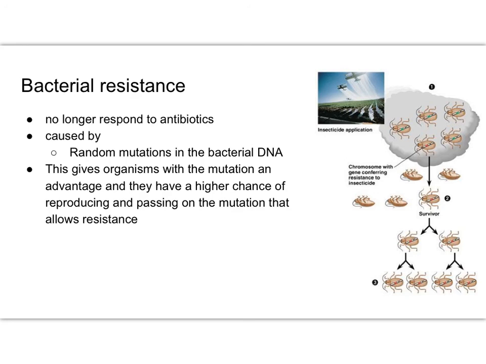So it's a positive mutation that will start to expand throughout the population because they're the ones that are going to be reproducing and surviving. This gives organisms with the mutation an advantage. They're more likely to survive and more likely to reproduce. Therefore, their children will have that same resistance because they're going to have that same DNA.